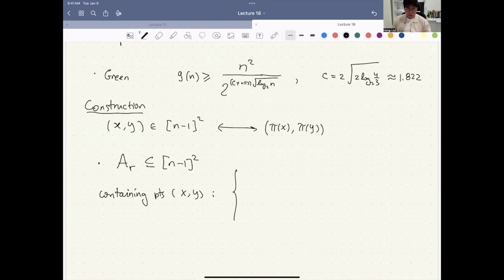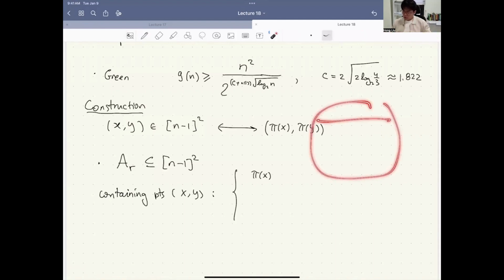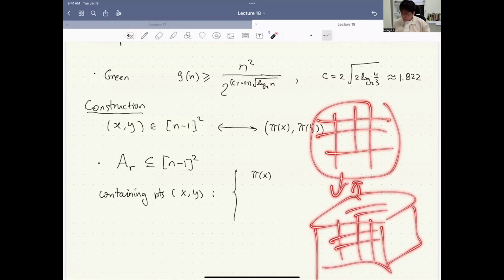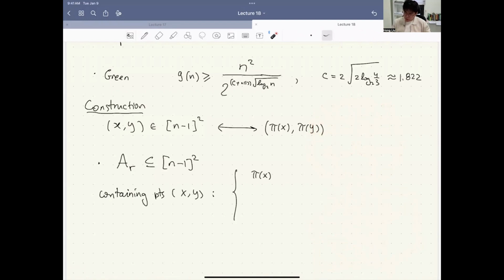First, the distance between x and y in the high dimensional cube, so every point in the planar grid we map to this pi, to the high dimensional grid, is a fixed number r. This is the r here.